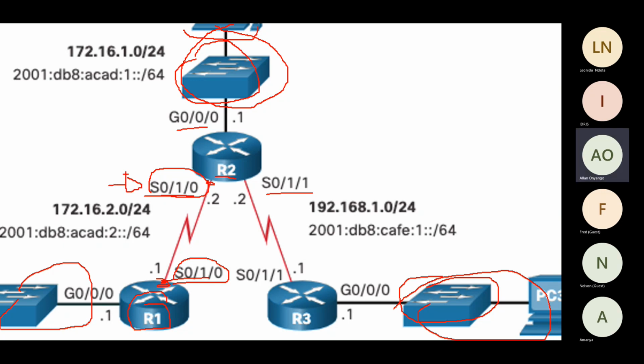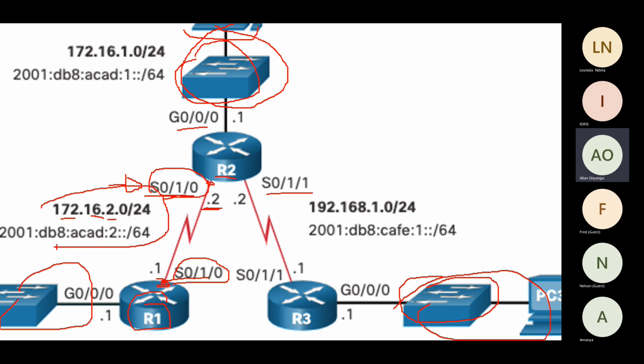Guys, I want you to be with me. This is crucial. When you're talking about the next hop, don't talk about the interface itself. We talk about the IP address of that interface, all right? And the IP address of this S0/1/0 interface here is 172.16.2.2, since this interface and the S0/1/0 of R1 are sharing this network here.